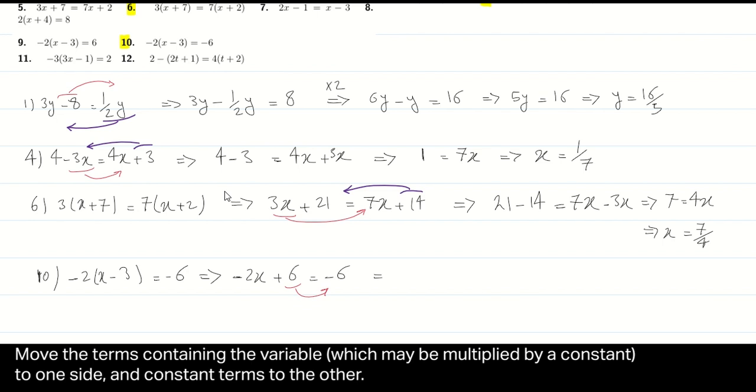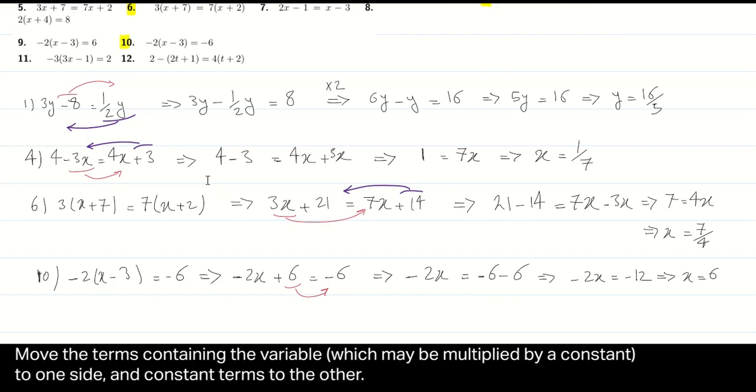So this one would be negative 2x on the left-hand side and negative 6, which we already have on the right-hand side, and another negative 6 would be added. So that means negative 2x is equal to negative 12. So that means x is equal to 6.